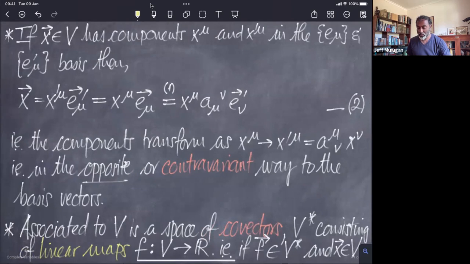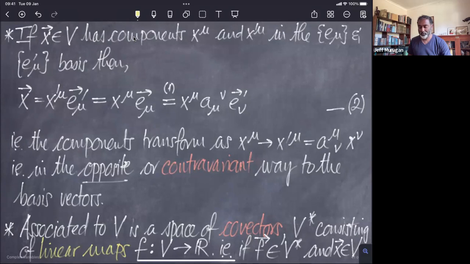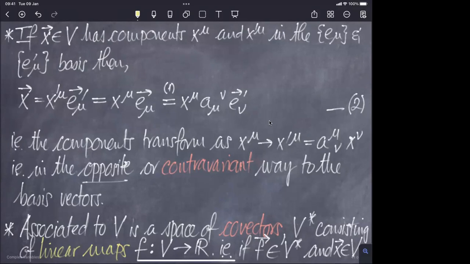It says if F is in V star and X is in V. Chwazi, can you see it now? Oh, yes, I can see it now. Thank you. Okay. Can I move on to the next page, or are you still copying it down? I'm done. Thank you. Okay.